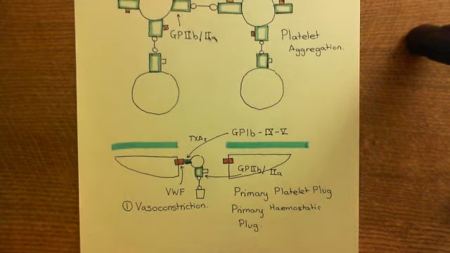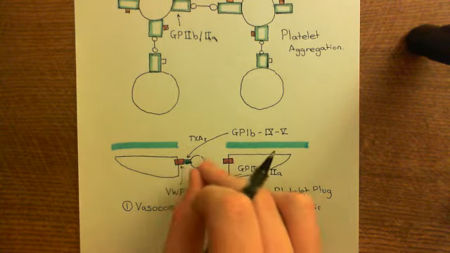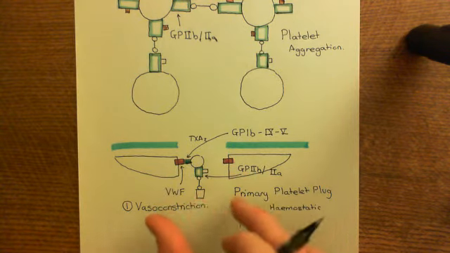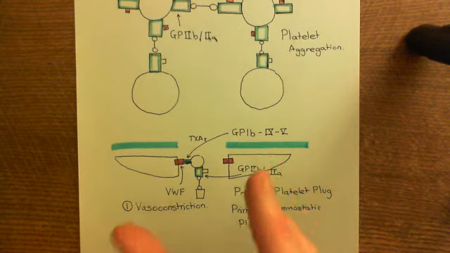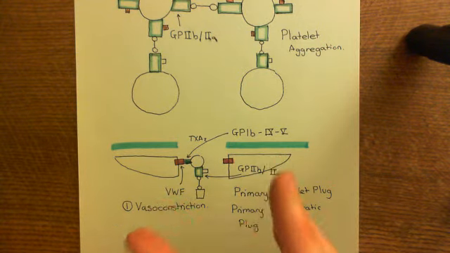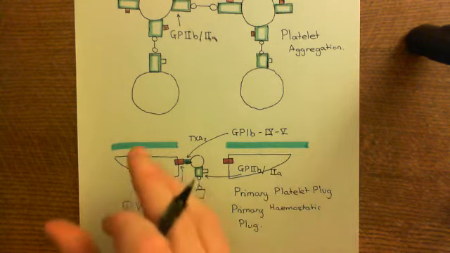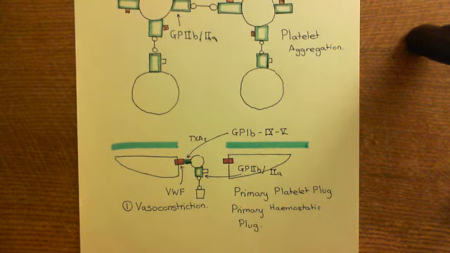Okay, so in essence what you've got is platelets piling into a massive great mass here, and that viscous jelly mass is what's going to block this gap that is allowing blood to leave the lumen of the blood vessel. Now what we're going to move on to is how to make this primary hemostatic plug stronger, basically.